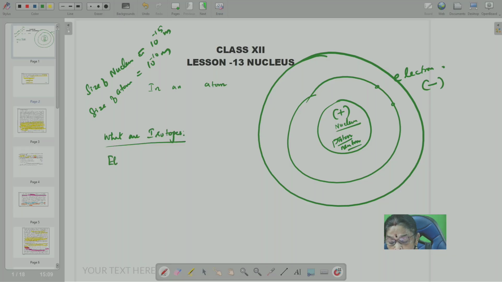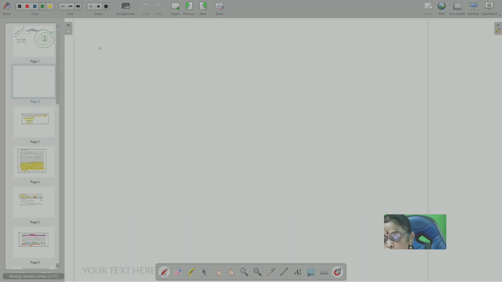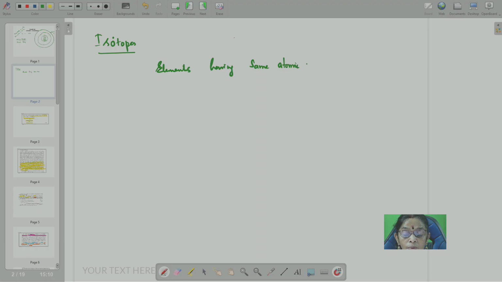Isotopes are nothing but elements having same atomic number, different mass number, so that is called as isotope.